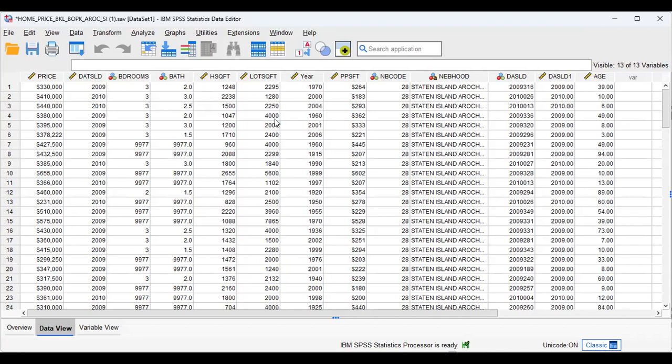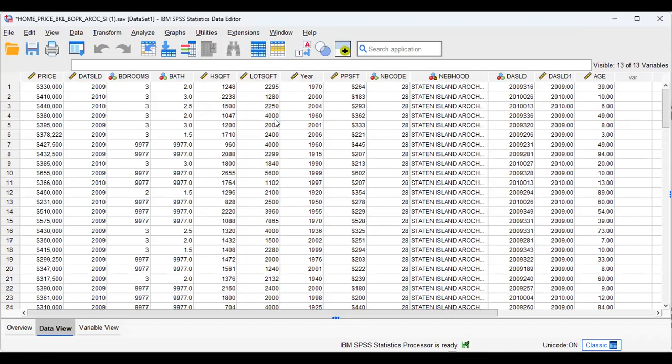Is that correct? Okay. But still, we want to know if the size of the lot affects the price of the house. It might also be that when people have a bigger lot, they want to build a bigger house.